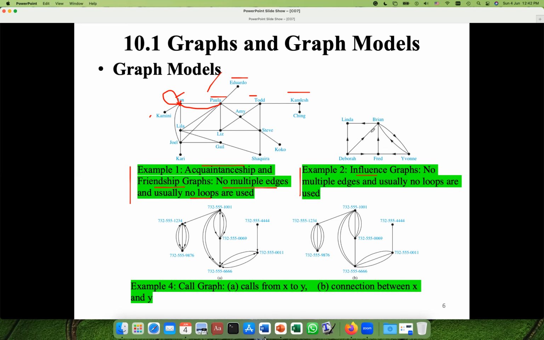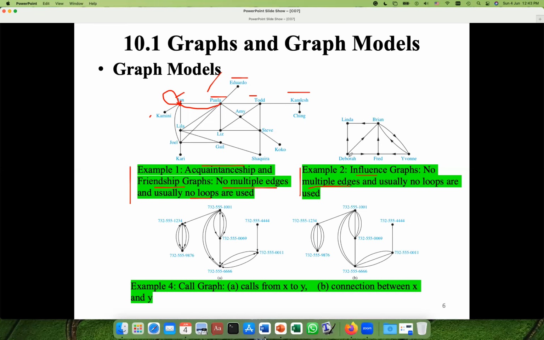But here it is a simple one, so no multiple edges. It means that if Brian has influence over Linda, then Linda doesn't have influence over Brian. But it can happen if the condition is given. Here the condition is not given, so no multiple edges, and no loops, because Brian having influence over himself is not reasonable.